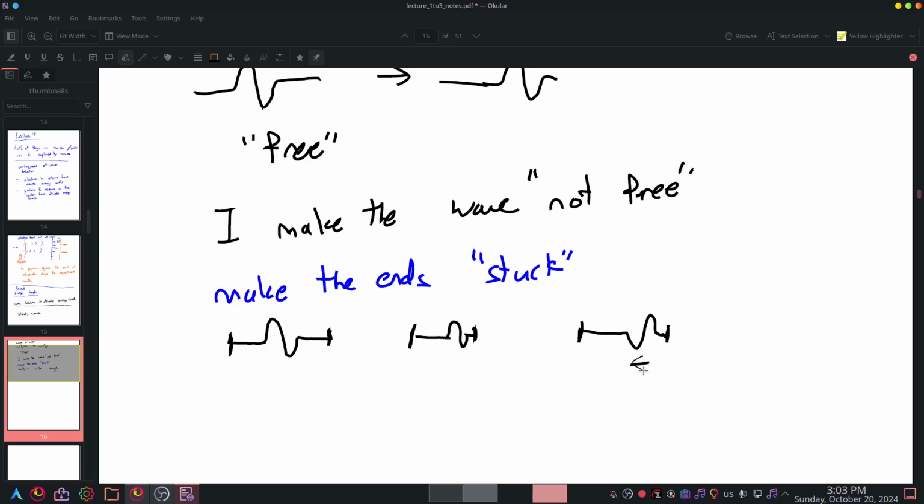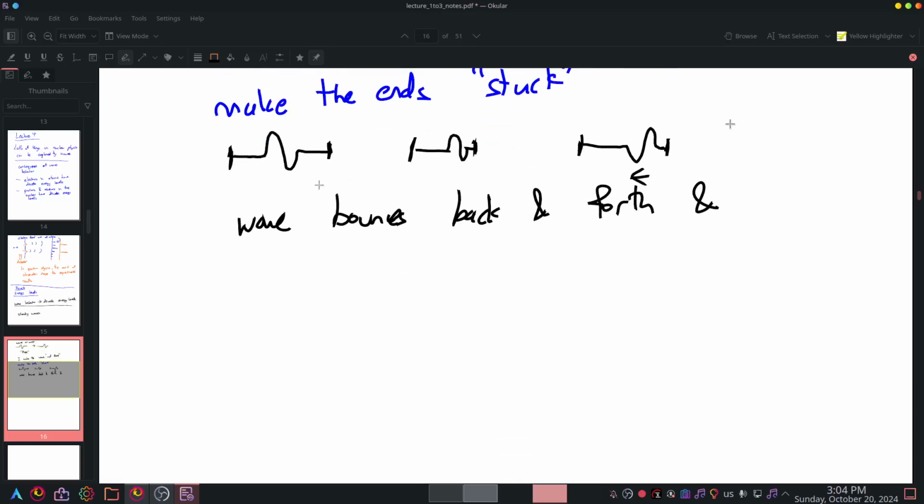The wave goes to the right, and then goes back and forth, back and forth. The wave bounces back and forth and interferes with itself. So that's the idea of a wave being stuck.